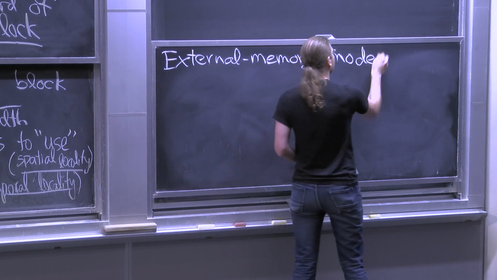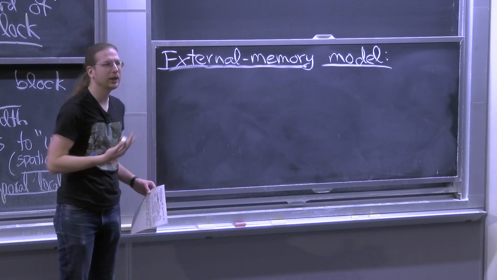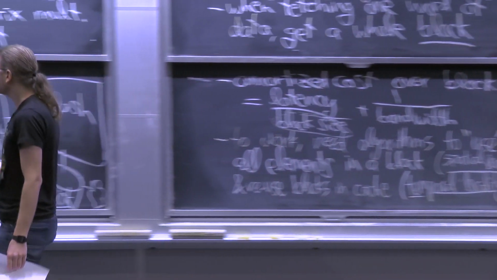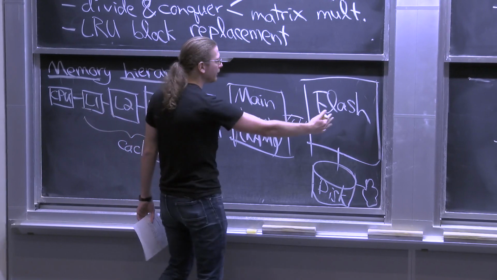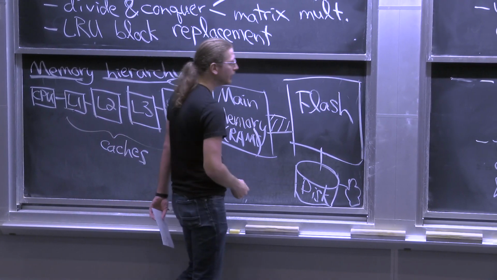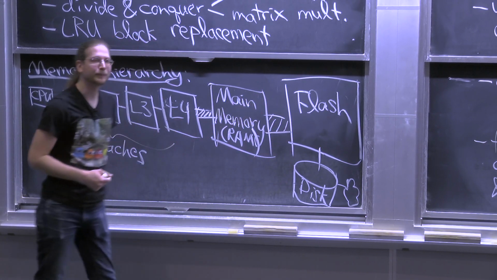It was originally introduced as a model for main memory versus disk, but you could apply it to any pair of levels. In general, you have your problem size n. Choose the smallest level that fits n. Typically, that's main memory. Maybe it's disk. And just think of the level between that and the previous.